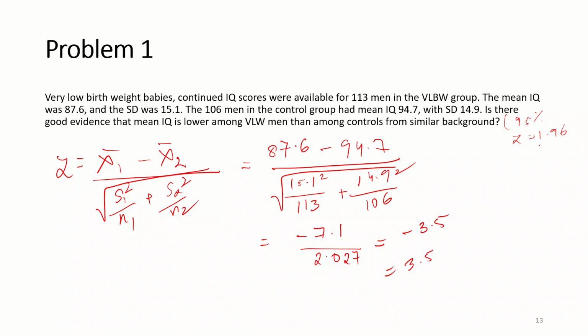Now the statistic value was 1.96. So the calculated value is more than the table value. So what we can conclude is that the null hypothesis is rejected.